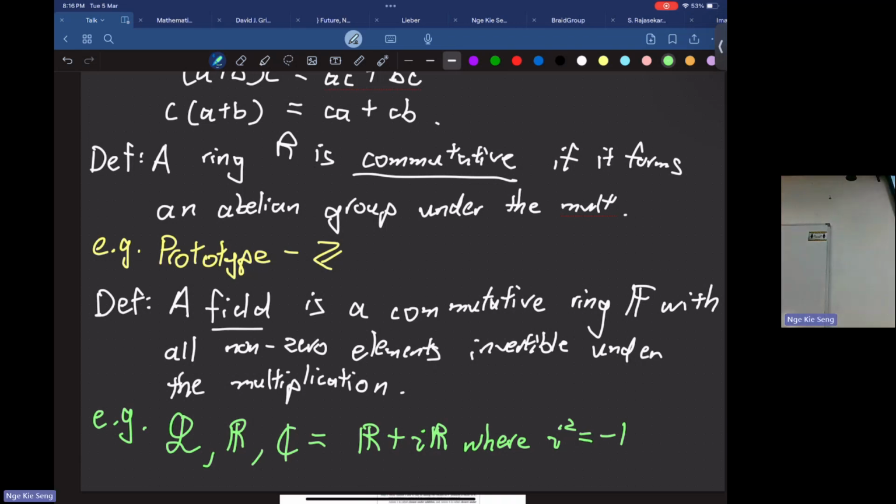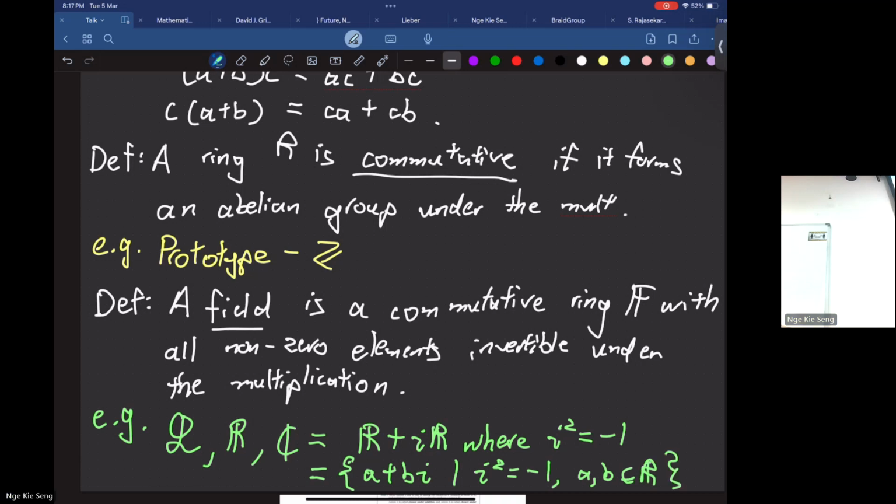If you are pedantic, you should ask, wait, what's the addition between sets? I don't want to comment about that one. Literally, all the elements are like a plus bi, such that i squared equals minus 1, and a and b are in R. Okay, this is what I meant. Very intuitive, right?